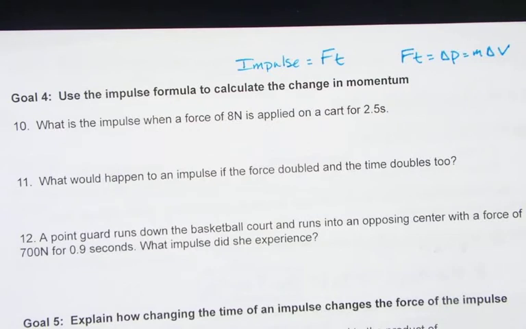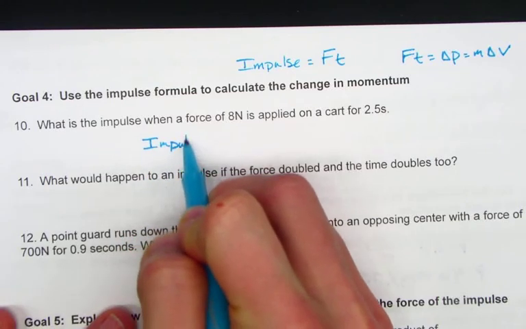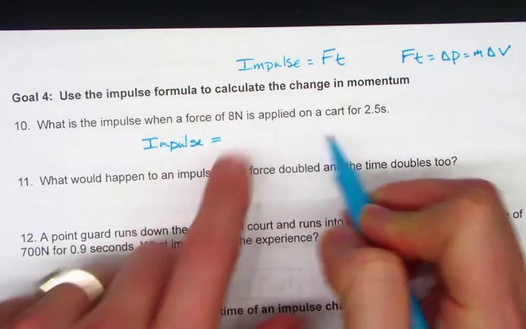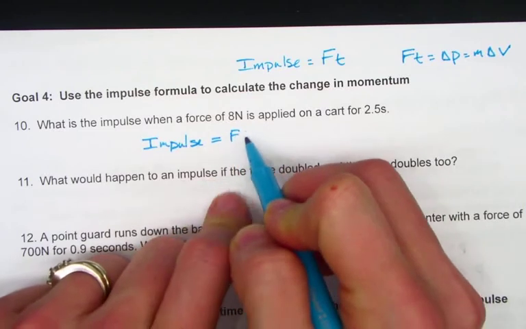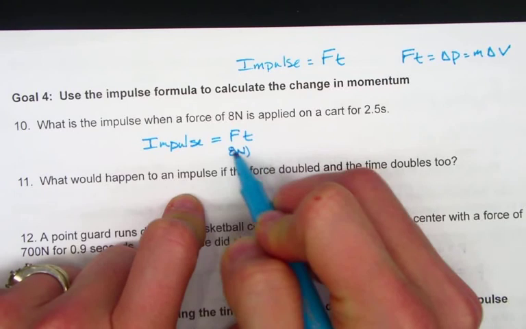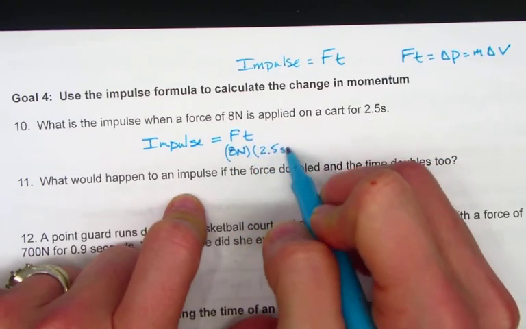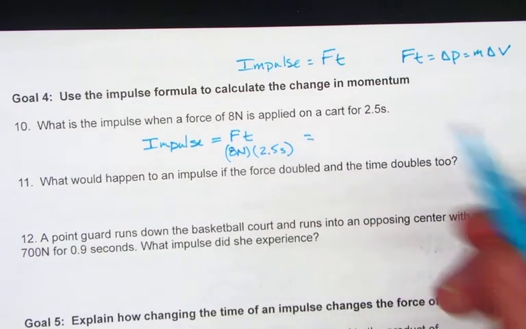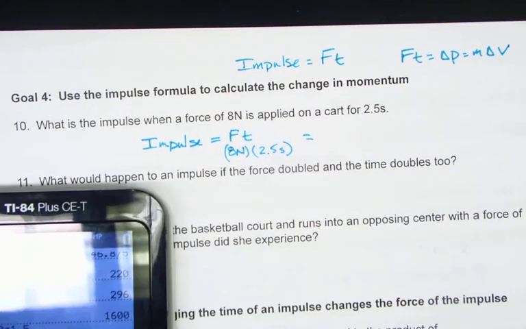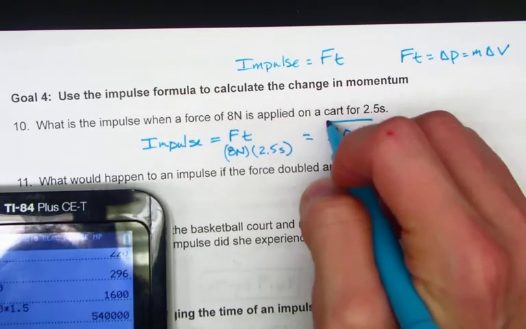Okay, so here if we're wanting to know what the impulse is, we're going to do force times time, but the force is 8 newtons and the time is 2.5 seconds. So 8 times 2.5 is 20 newton seconds.